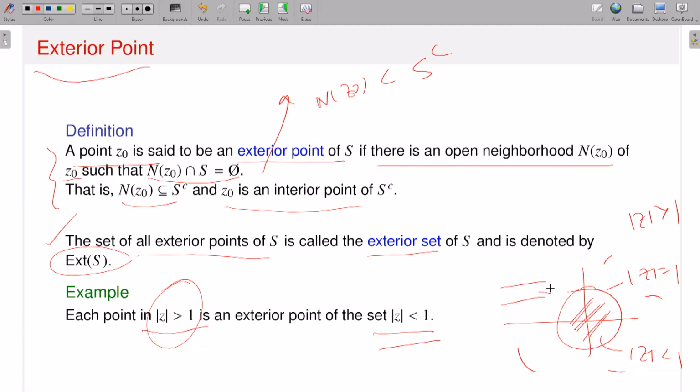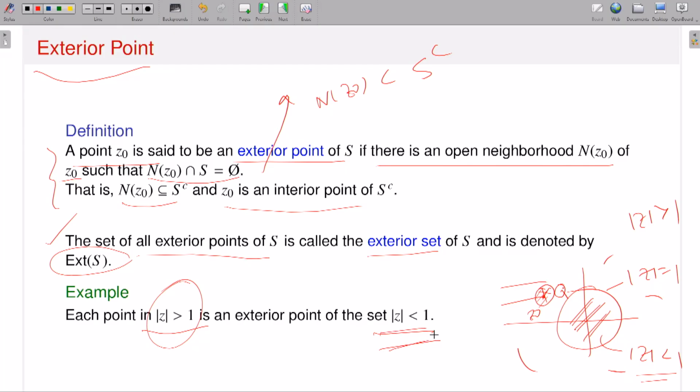Why? Because if I take any point here, I can always have a small open neighborhood, or open disk, around the point Z0 which is fully contained in the complement of the set mod Z strictly less than 1. That means mod Z greater than 1, because whenever I take a point here, there is a positive distance from the boundary, and you can always find an open ball with center at that point and a finite radius which is fully contained in the set mod Z greater than 1, which is the complement of the set mod Z strictly less than 1.